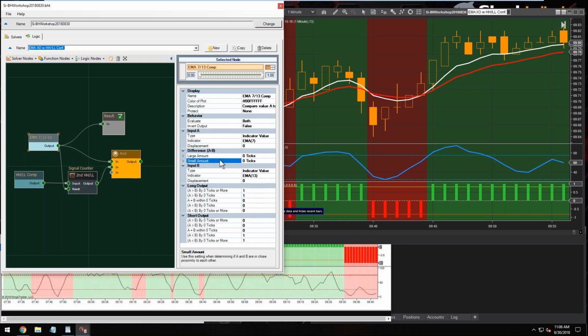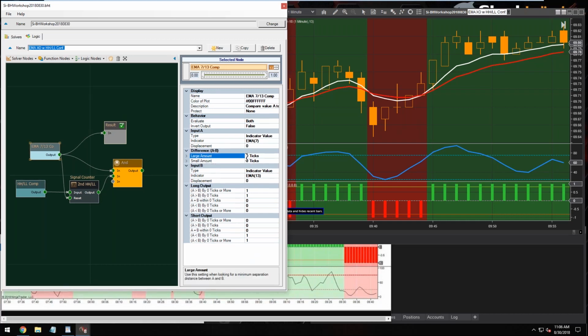So if you wanted a separation distance between the EMAs, that's what the differences section is for, right? We have a large amount and a short amount difference, if you're going to use BloodHound's fuzzy logic.